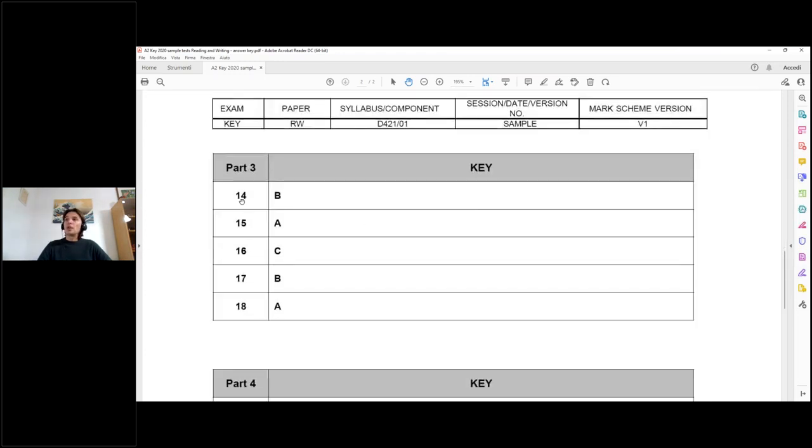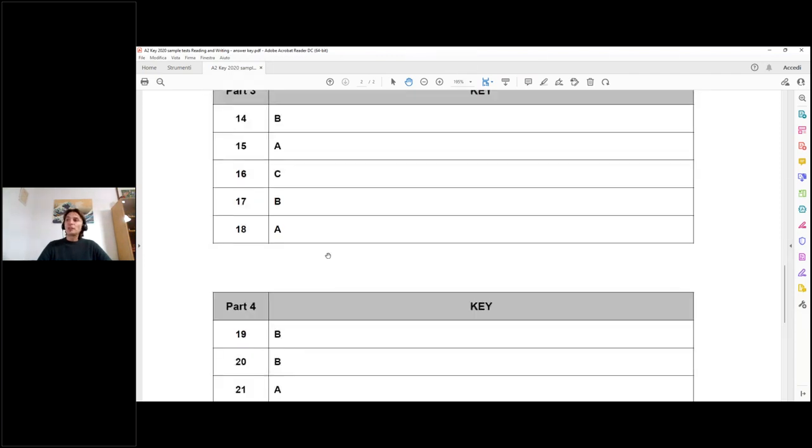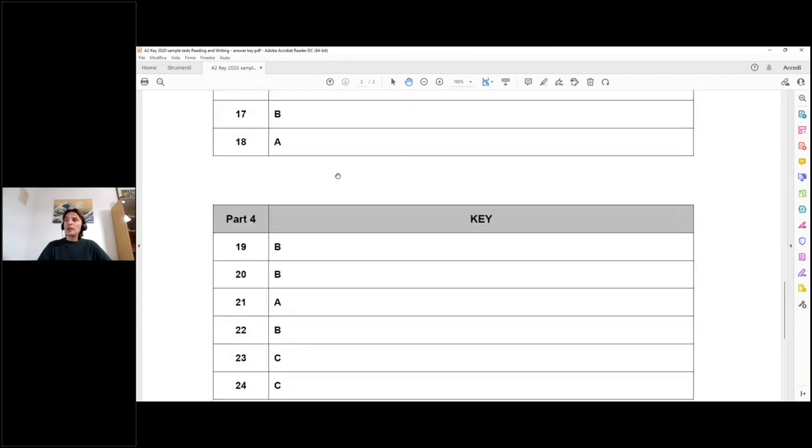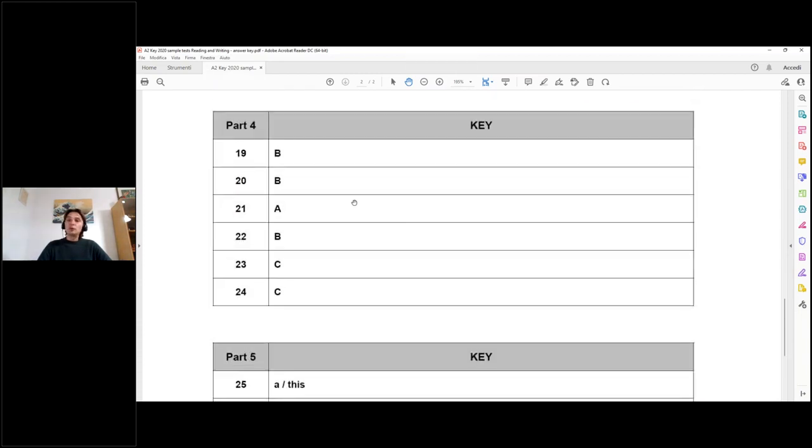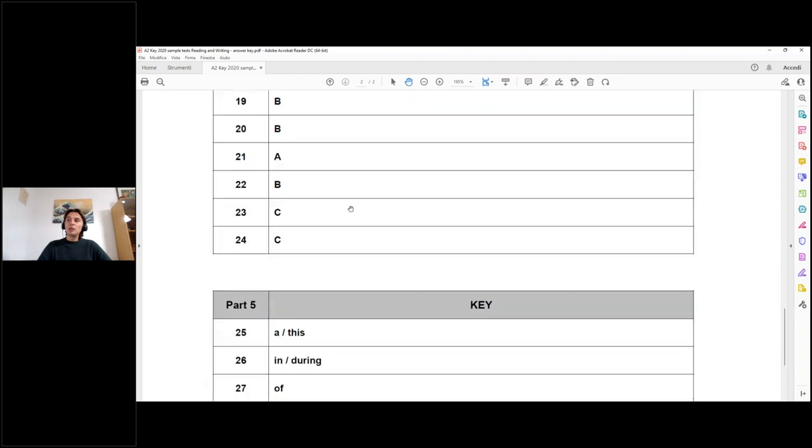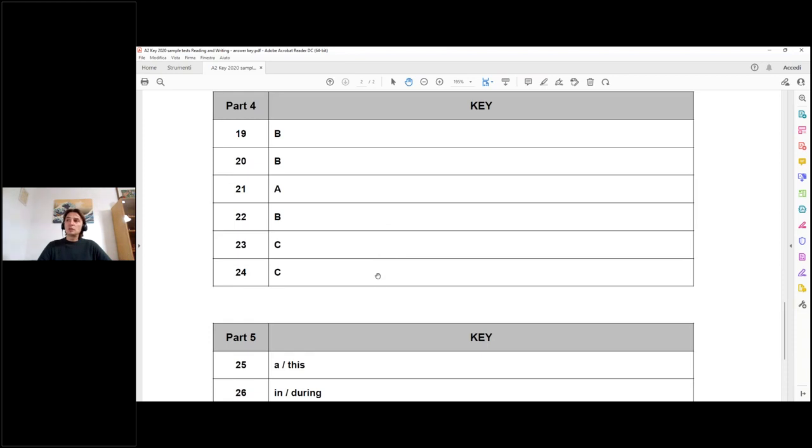Part 3, 14b, 15a, 16c, 17b, 18a. Part 4, 19b, 20b, 21a, 22b, 23c, 24c.